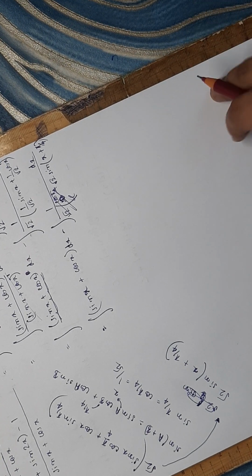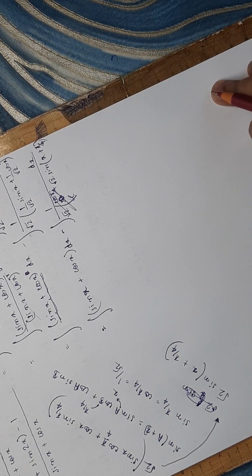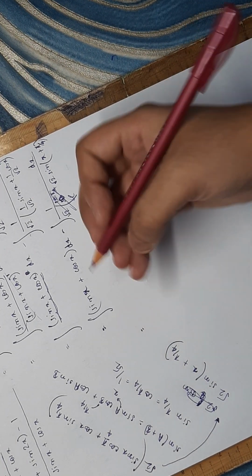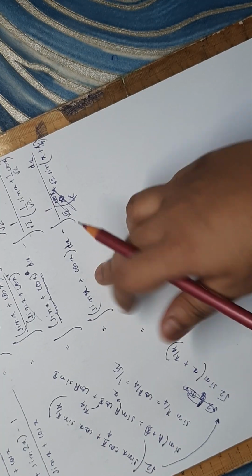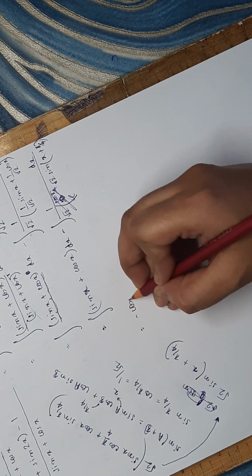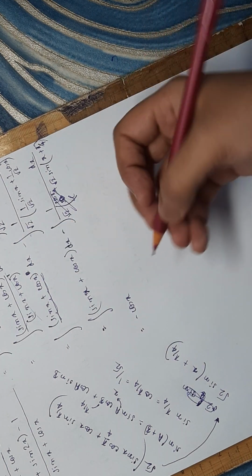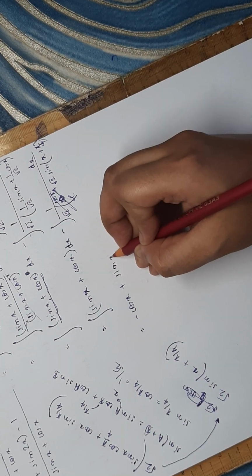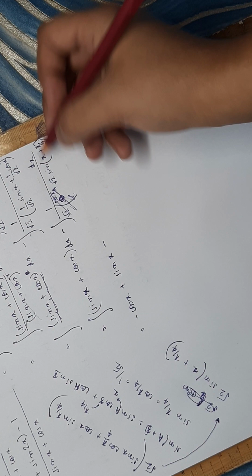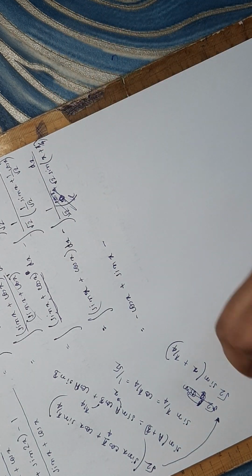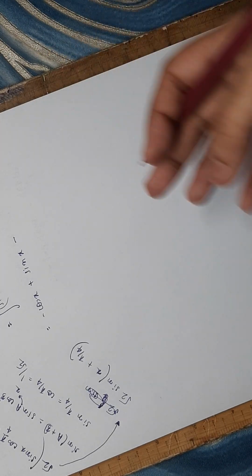Alright, now it is very easy because we know that the integration of sine x is nothing but minus cos x. The integration of cos x is nothing but sine x. And what about this particular part? Now you can write, say perhaps I am doing this thing in rough.